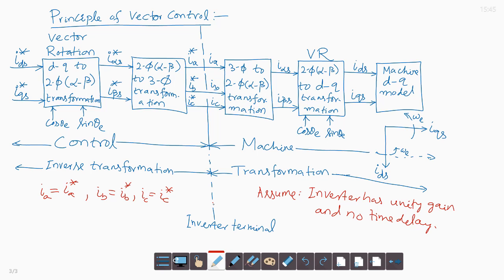And this is also another thing, the flux psi r hat. The flux component of the stator current IDS is aligned along the rotor flux psi r. So, this is the vector orientation.